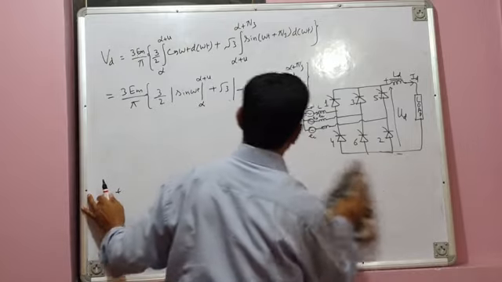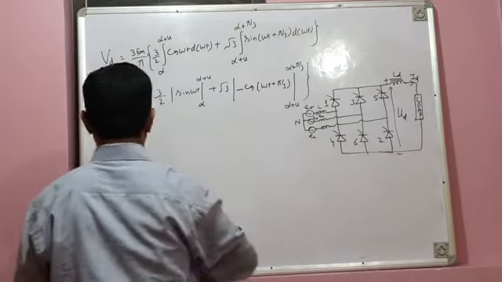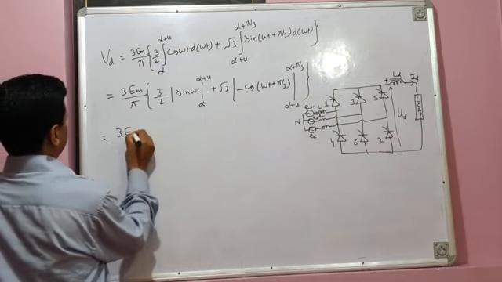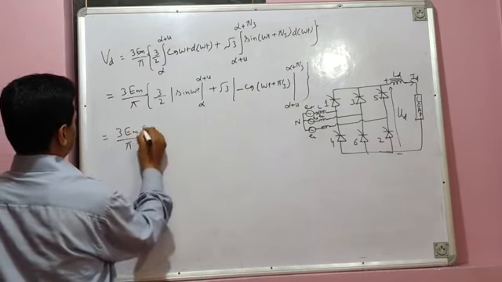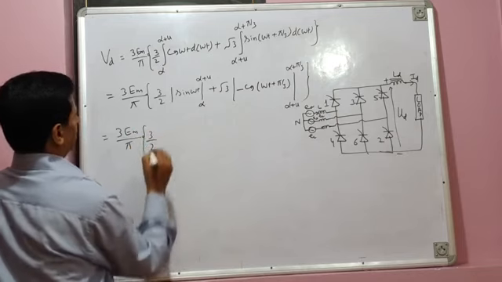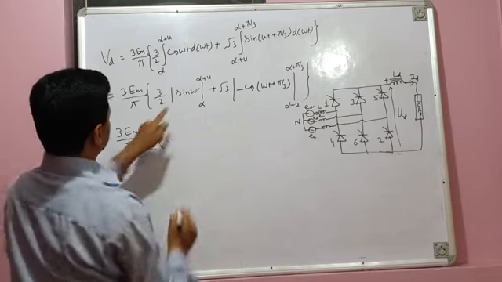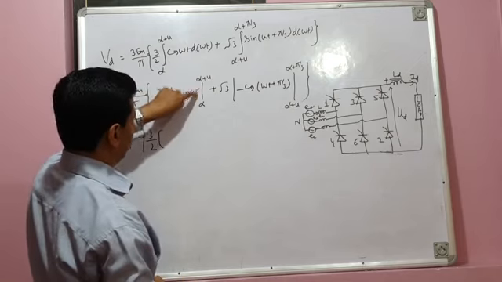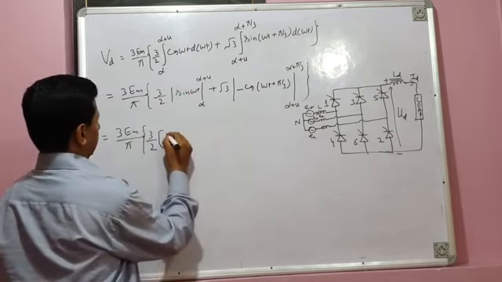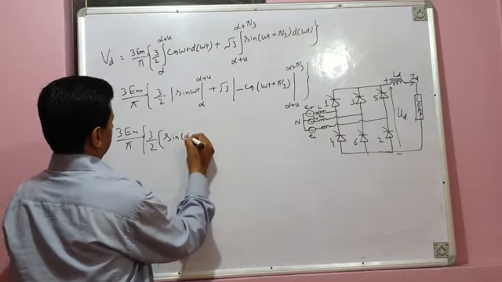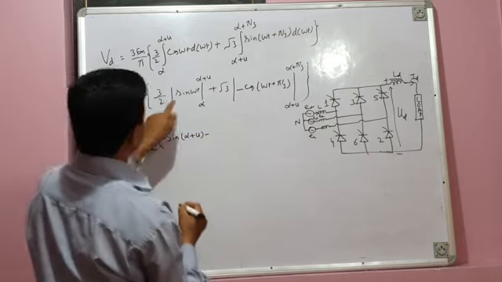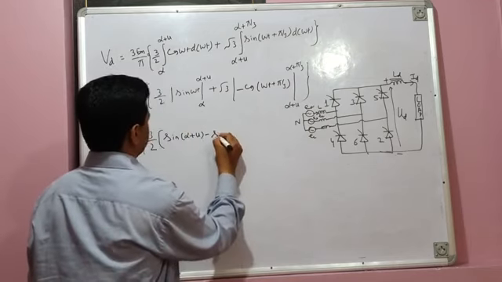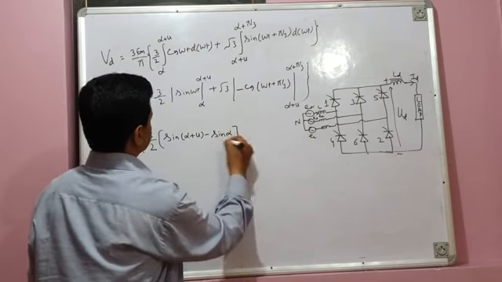So further simplification gives 3 Em by pi times 3 by 2 into sine omega t. Substitute alpha plus u for omega t, so this will be sine of alpha plus u minus sine alpha after substituting the lower limit alpha. So this is the first integral.